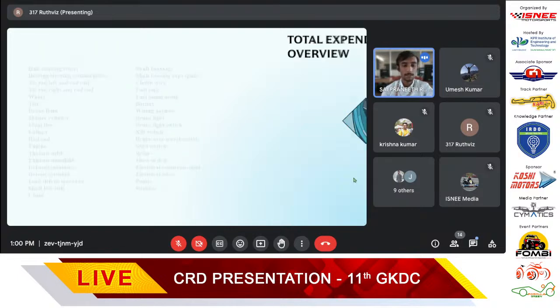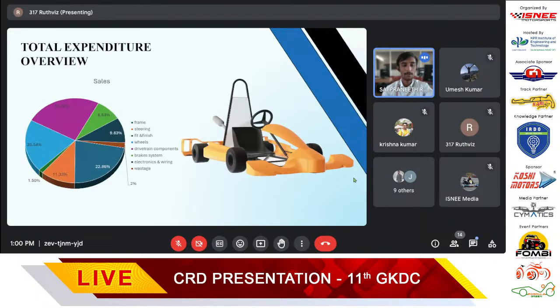When we are coming to the total expenditure of our vehicle, it is approximately 93,900 rupees. It is subdivided or categorized into different segments like frame, steering, fits and finishes, wheels, drivetrain components, brake system, electronics and wirings, and we have included the wastage charges too.